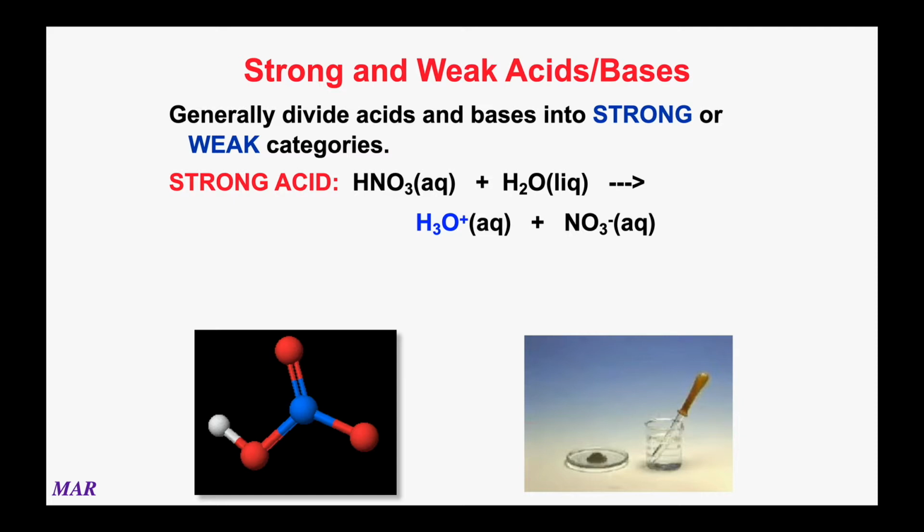When nitric acid is mixed with water, which it almost always is, you really don't have any nitric acid at all. You have exclusively hydronium and nitrate. And I want you to focus on the arrow symbol right there.